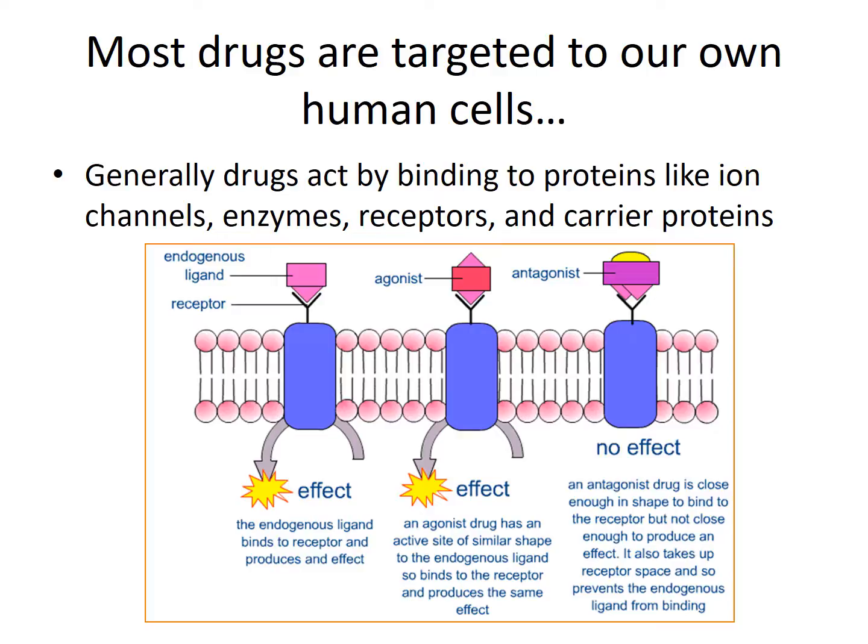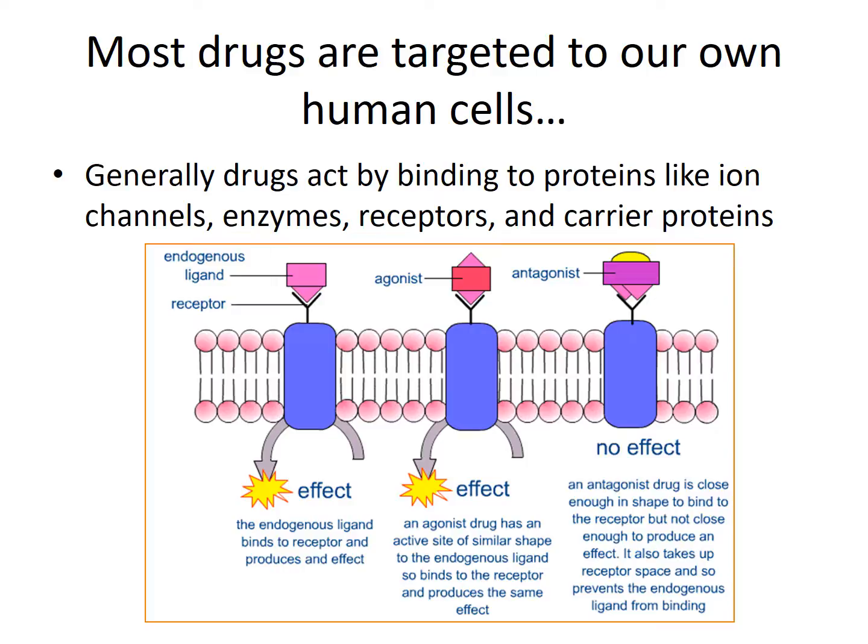An antagonist drug will bind to a receptor of a given neurotransmitter. However, it will inhibit the effect of the receptor binding.